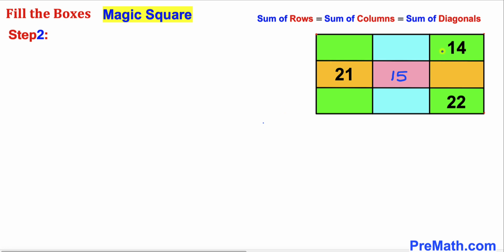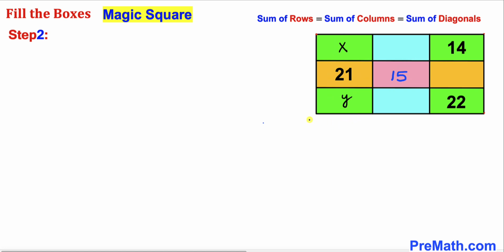And here's our next step. Let's focus on this diagonal that contains these numbers 15 and 14, and moreover let's focus on this column that contains 21 as well. Since the values of these boxes are unknown, let me label them. Let me call this one X and this one Y. Once again, since we are dealing with a magic square, the sum of the numbers in this diagonal must be equal to the sum of the numbers in this column.